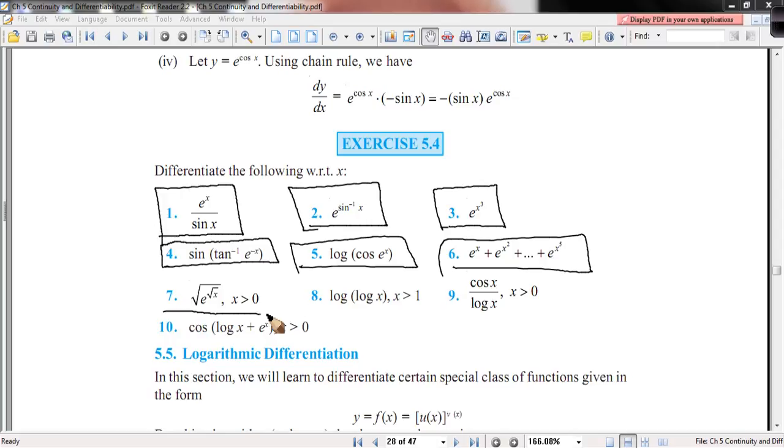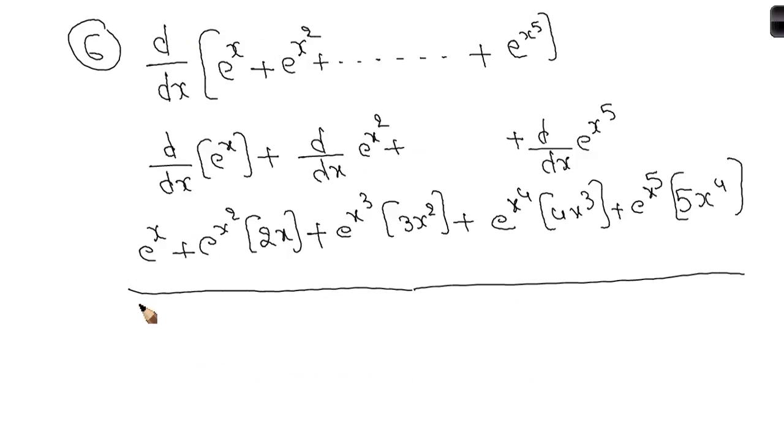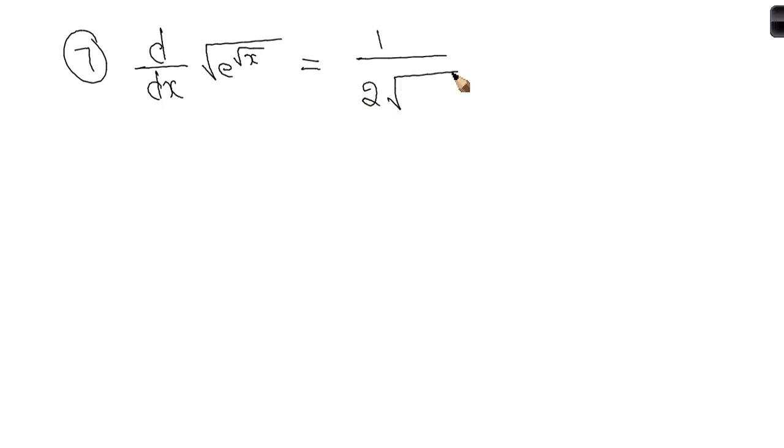Now, the 7th question. Find the derivative of root of e^(root x) for x greater than 0. The derivative of root u would be 1 by 2 times root of e^(root x) into the derivative of e^(root x).